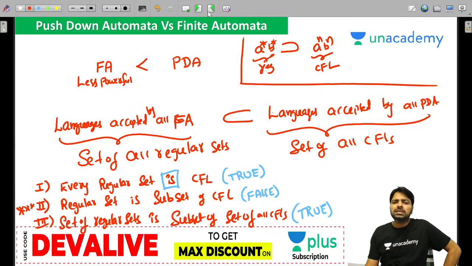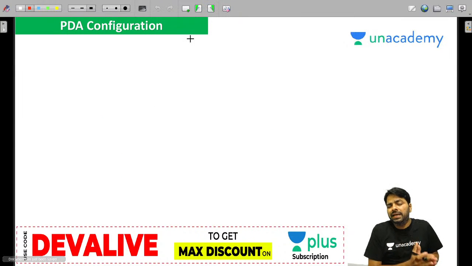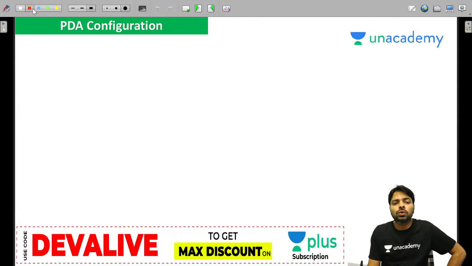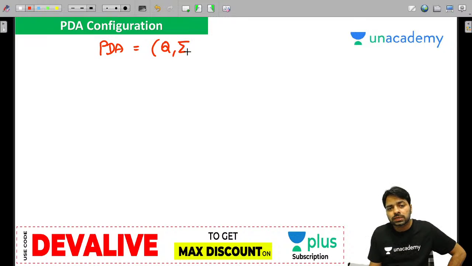So now what is the difference between this PDA and finite automata? The PDA accepts a context free language and finite automata accepts regular language. Now when you look at the PDA configuration, guys, a PDA machine can be represented using Q, sigma, delta, Q naught, F, and Z naught.